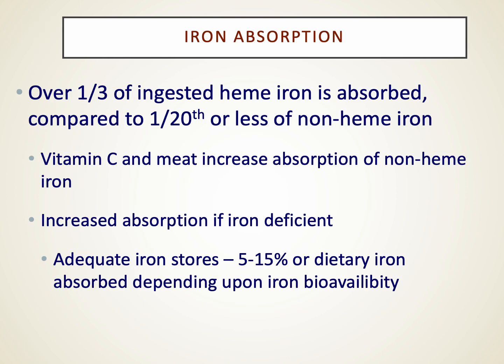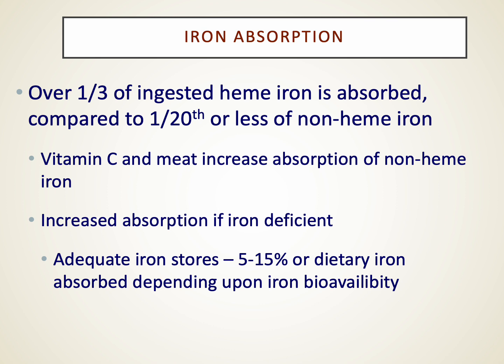When you look at iron absorption in the gut, about a third of iron that's ingested is absorbed if it's related to a blood product. So, for example, iron in meat is typically absorbed better than other sources of iron. But vitamin C, concurrent with iron, is also associated with improved iron absorption.